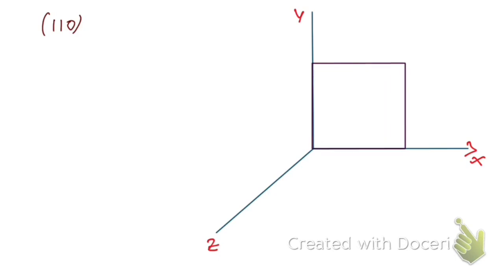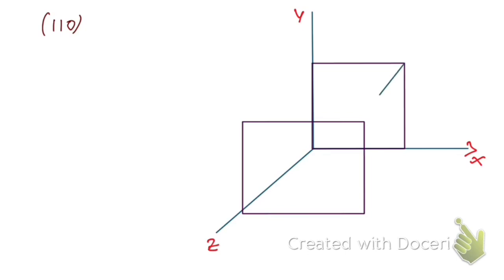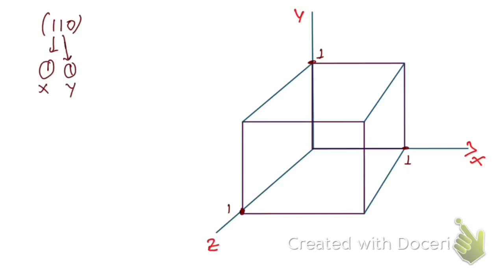Here the intercept is 1 on x, 1 on y, and 1 on z. The reciprocal of this is 1 and of this is 1, the x intercept and y intercept, and the reciprocal of 0 is infinity, the z intercept.